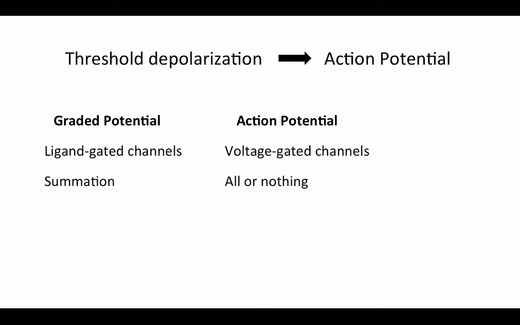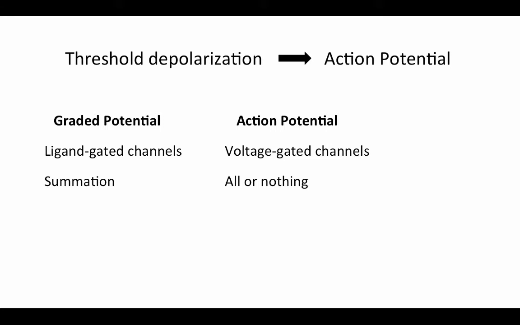Graded potentials can sum together, and also the magnitude of the change in membrane potential is going to depend on the strength of the stimulus. So it's possible to have a greater or lesser depolarization in response to these graded potentials. In contrast, the action potential is all or nothing. It's always going to have the same strength. It's always going to take about the same amount of time.